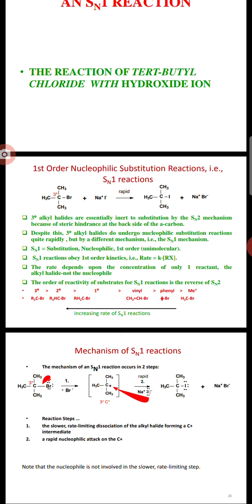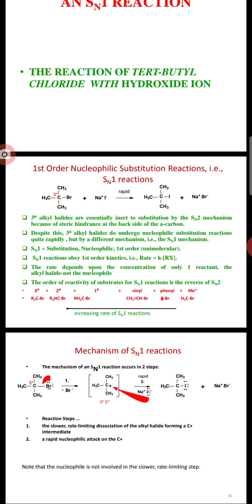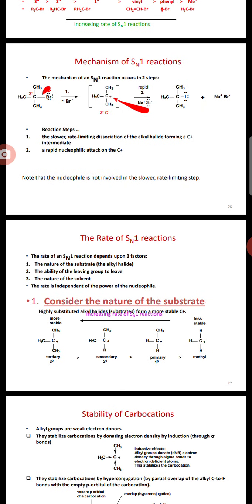The order of reactivity is tertiary more active than secondary, then primary, then vinyl bromide, then phenyl, and the least active is methyl bromide. The rate of SN1 reaction depends upon the nature of the substrate alkyl halide, the stability of the leaving group and the nature of the solvent, and is independent of the strength of the nucleophile.